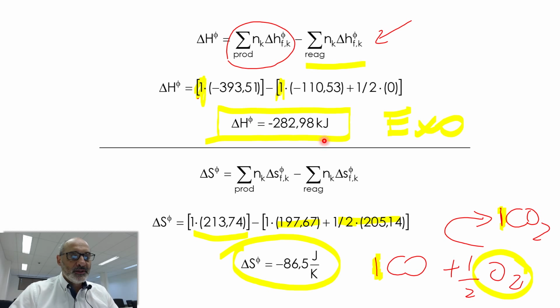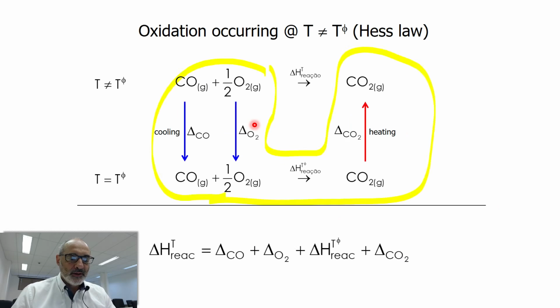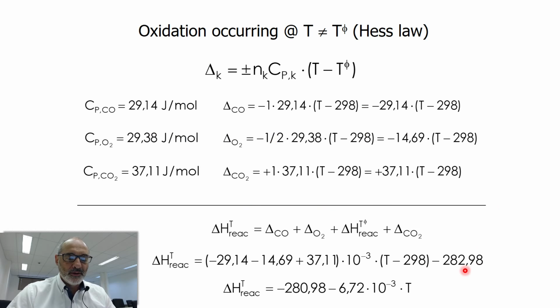So this number here is the heat of reaction at 25 degrees. The phi here means at reference temperature, 25 degrees. It comes here, so we get this expression. Delta H of the chemical reaction is given by this formula, and we can calculate it for different temperatures, for instance.